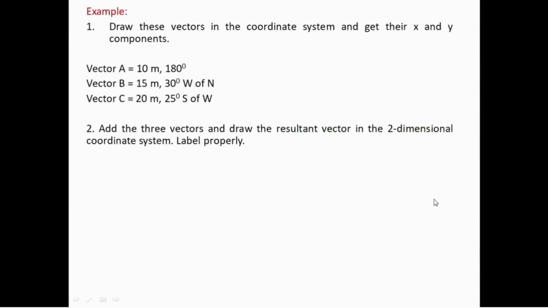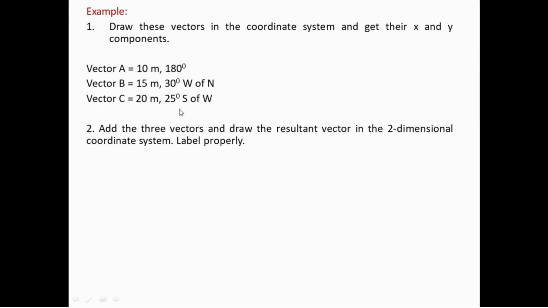So let's have now an example of adding vectors. First we have here an instruction. You have to draw these vectors in the coordinate system. You already know how to do this in our previous discussion, but we will do it again today. And you have to get their corresponding x and y components, because again you cannot add two or more vectors if you do not know how to get their x components as well as their y components.